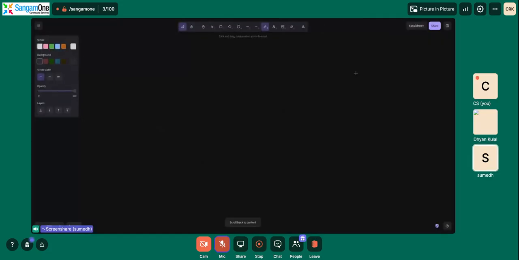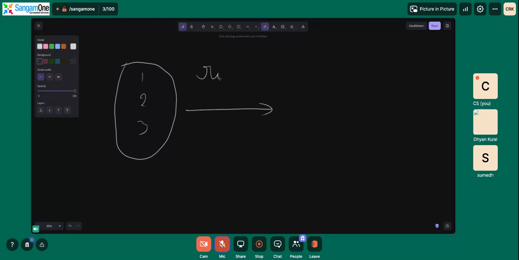So basically, a function will have three components. First is the input: one, two, three, something. Then some rules that map an input to an output, basically.